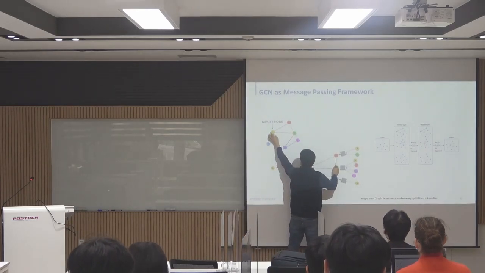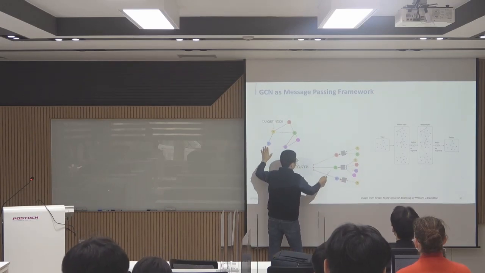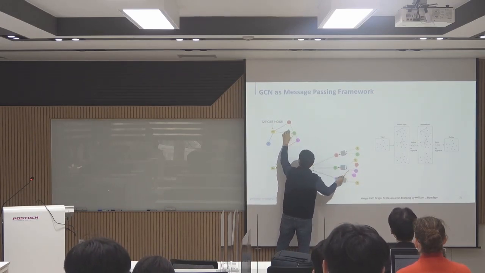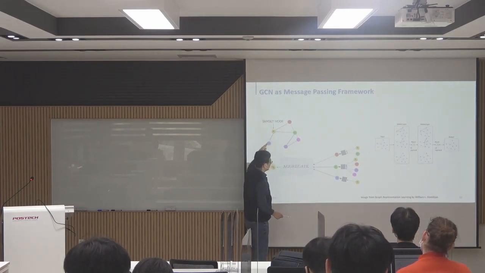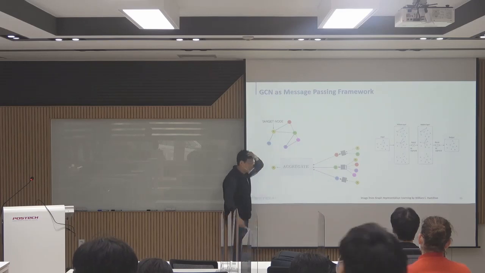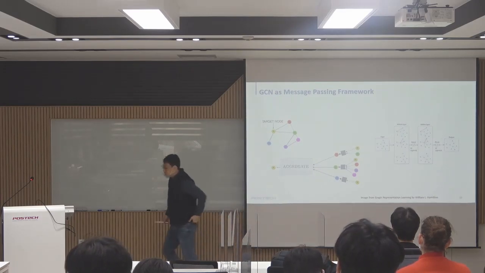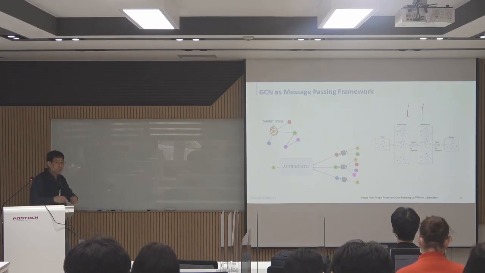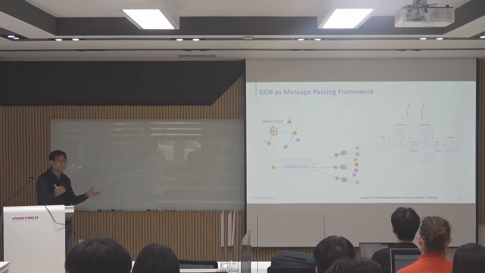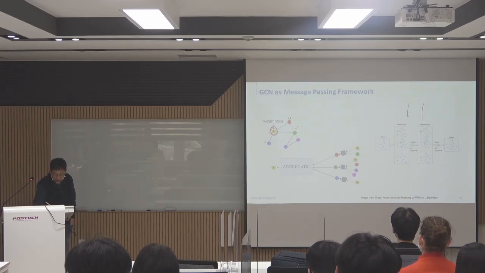So B has information from A and C, and C is from A, B, E, F. D is from A. That means if you have two hidden layers, for instance, for A, these are my neighborhood, so it's kind of the first jump.